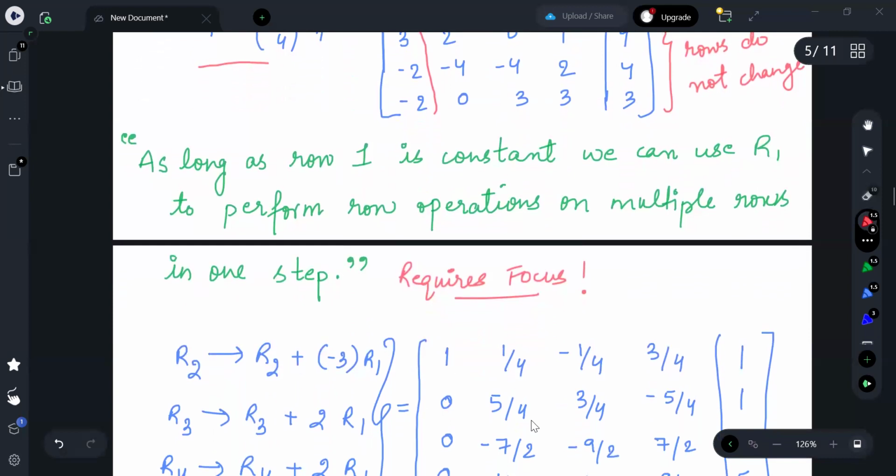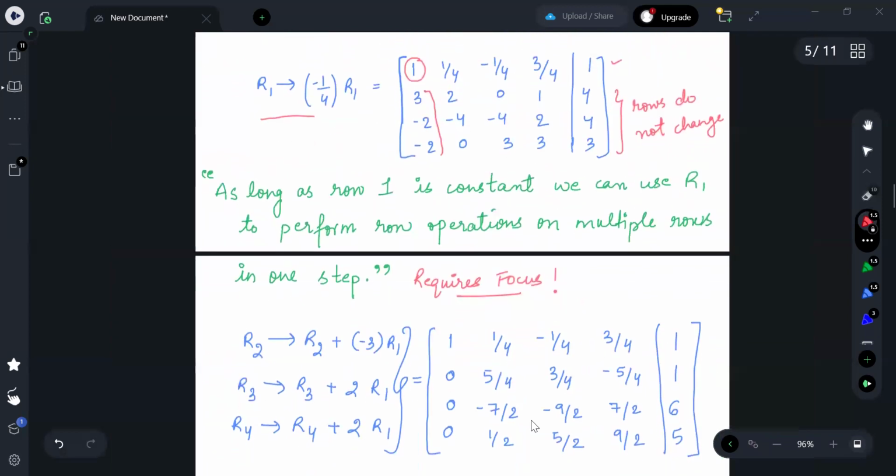So let's pick this matrix here. I want to make everything below this pivot 1 a 0. So I'm going to make a change in R2, R3, and R4. That's why we make the first entry 1, right? So that everything is easy to change. I just need to add a negative multiple of R1 to R2 to get that entry to be 0. I need to add a positive multiple of R1 to R3 and the same for R4.